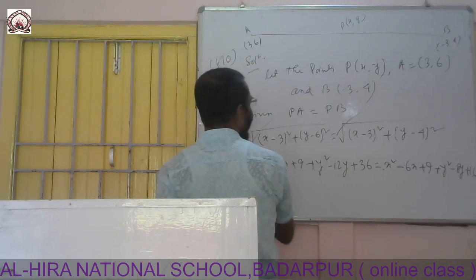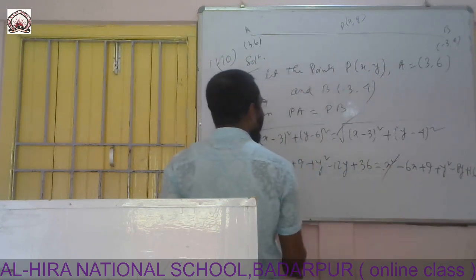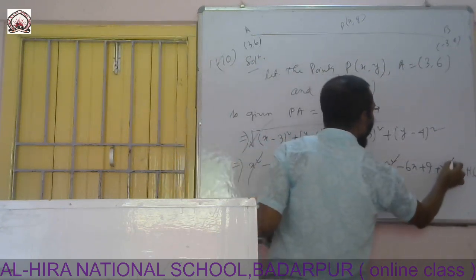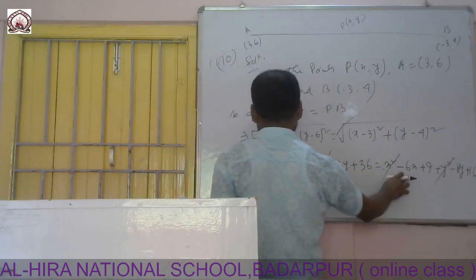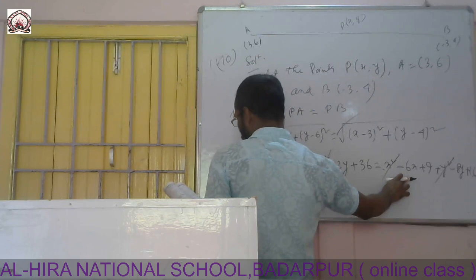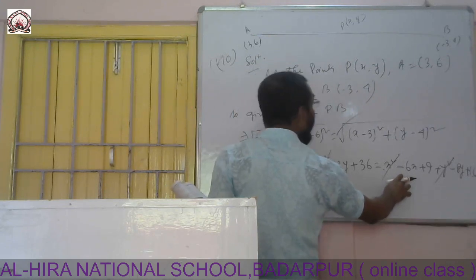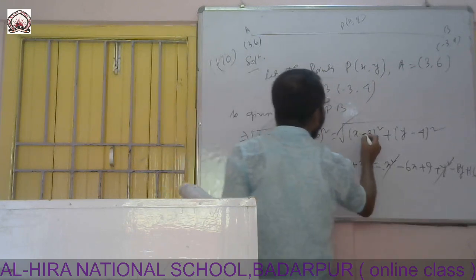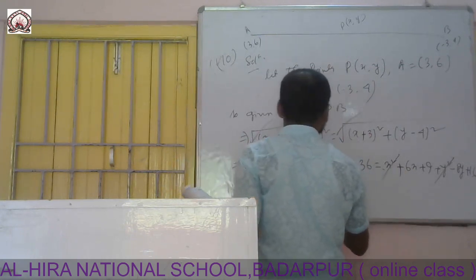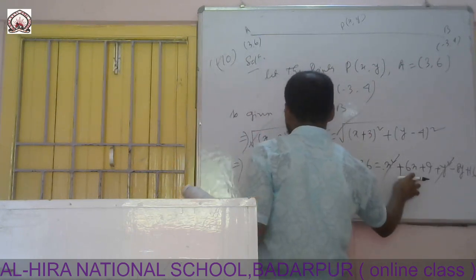Then on this side x square cancels, and on this side y square cancels. So here we have minus 6x, and on the other side it is x plus 3, so this is plus 6x.